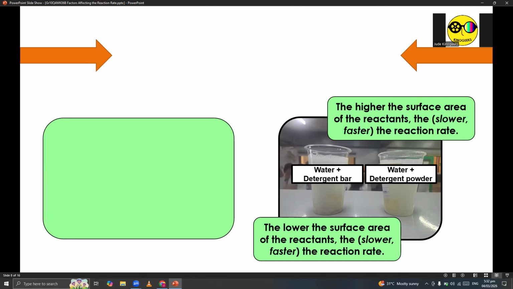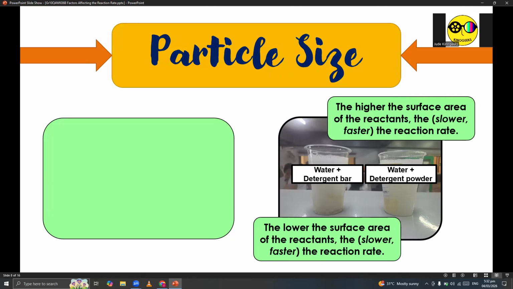So here, in the first setup, you have a detergent bar which has a compact set of molecules compared to detergent powder wherein even if it's solid, its molecules are kind of spread out because it's pulverized. Therefore, when you're dealing with a compact set of molecules versus spread out molecules, then therefore the factor concerned here is particle size.